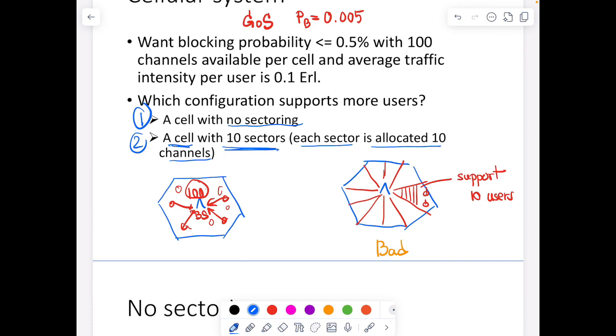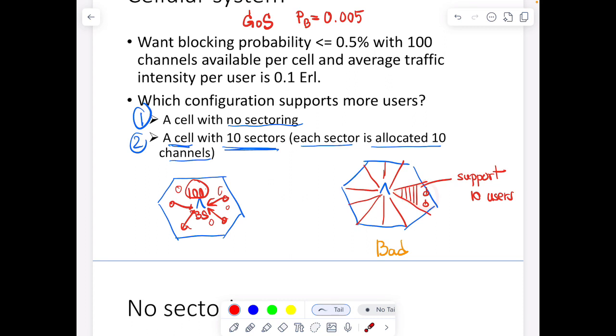So again, we are given a cell. There's a base station, but this base station now has different sets of antennas. One antenna might point this way, and it can connect users only in these directions. And there's an antenna pointing this way, so it can connect users only in these directions. Or there's an antenna pointing this way, and it can connect users only in this sector.